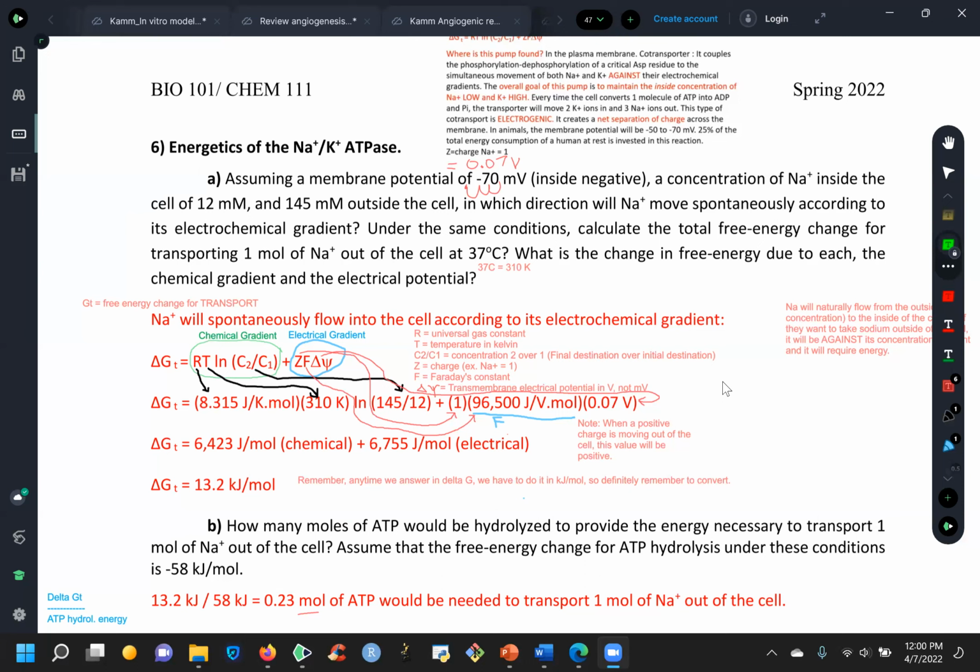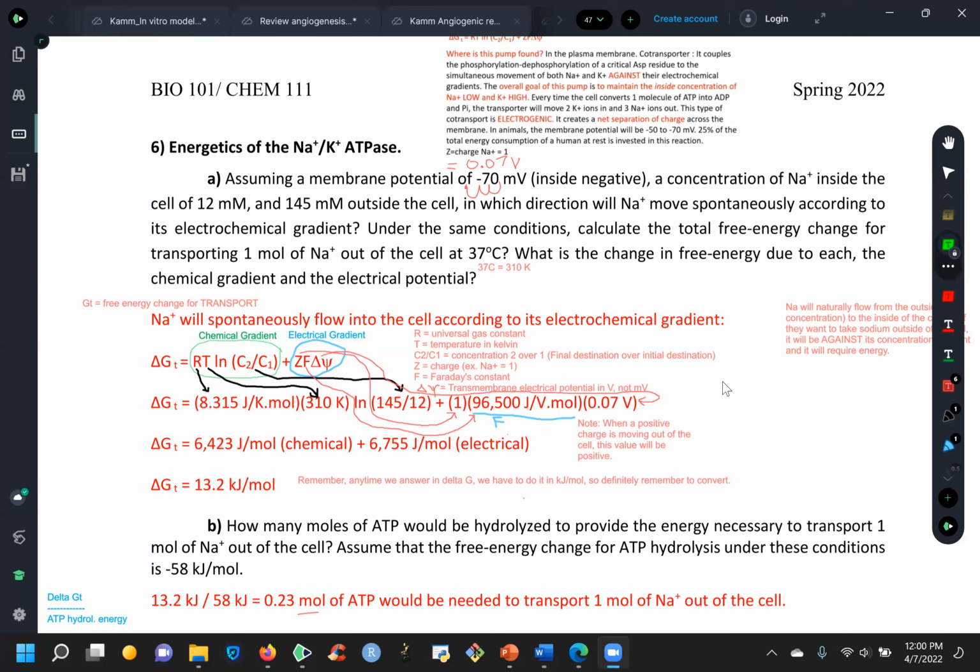That was easy, right? Okay, so now we're going to go ahead and do our chemical gradient stuff. We can start with R. R is just the universal gas constant, 8.315 joules per Kelvin mole.